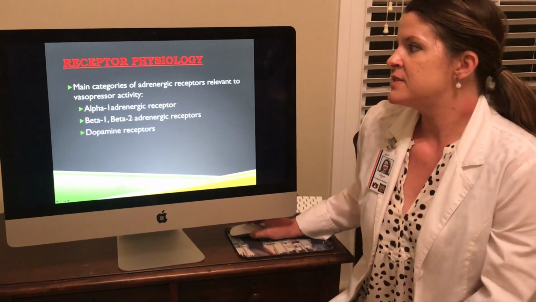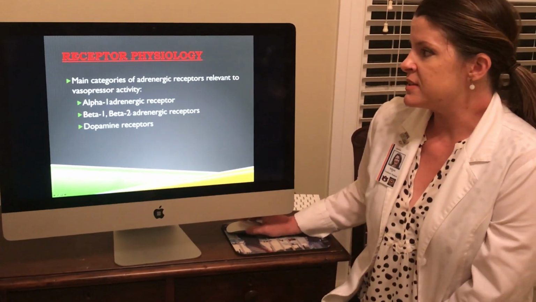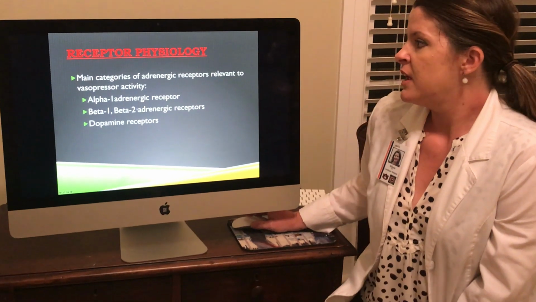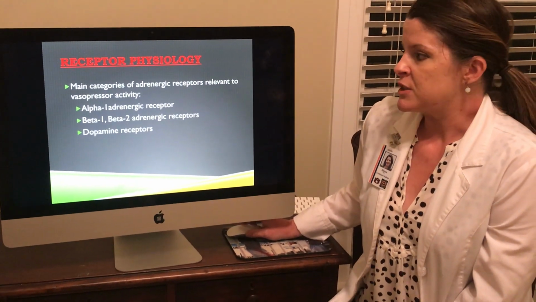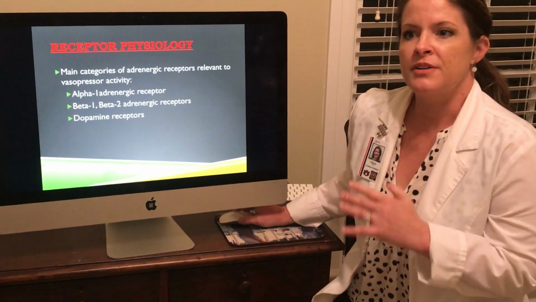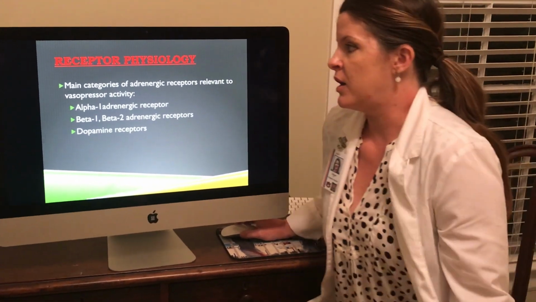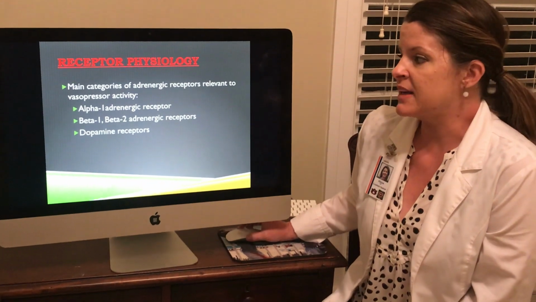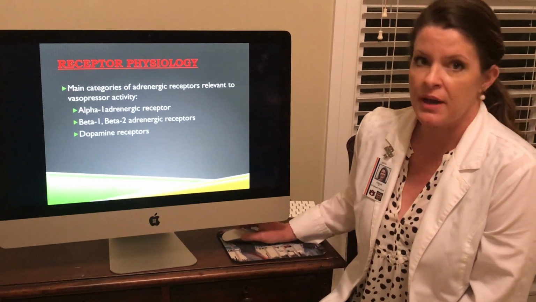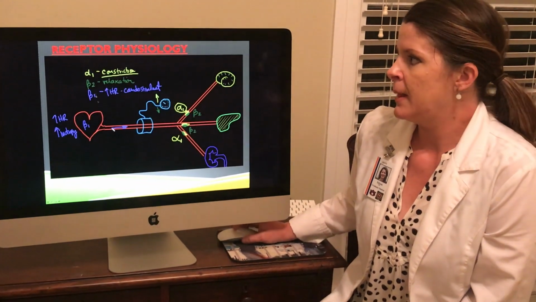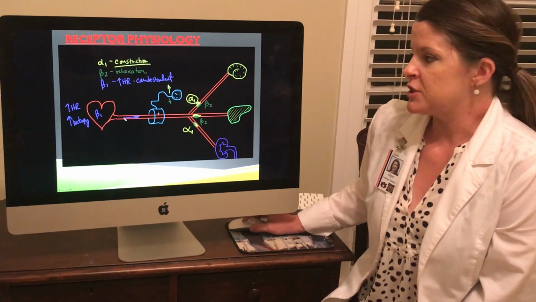We have the receptor physiology, and the main categories of the adrenergic receptors are relative to your vasopressor's activity. This is very important to understand: which drugs act where, and what the receptor is acting on. Is it an alpha-1 adrenergic receptor, a beta-1, a beta-2, or dopamine? This is a diagram that helps you understand.